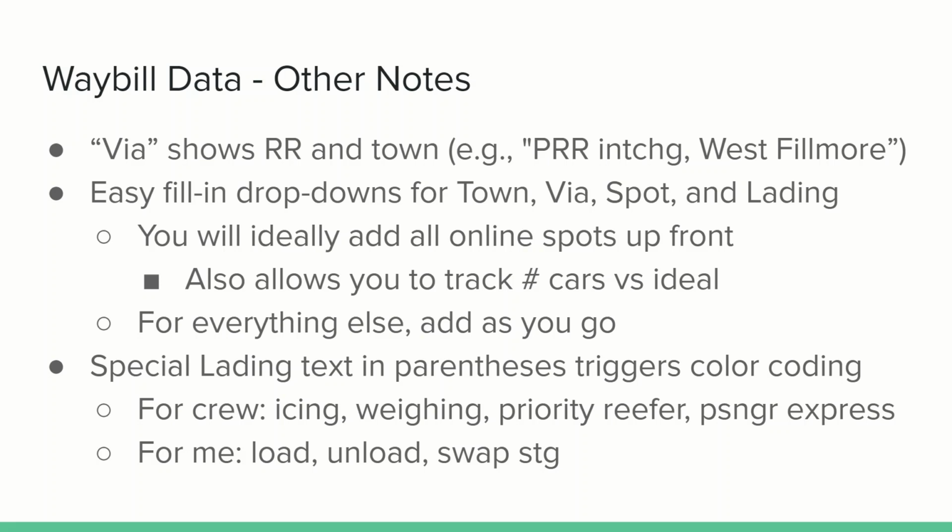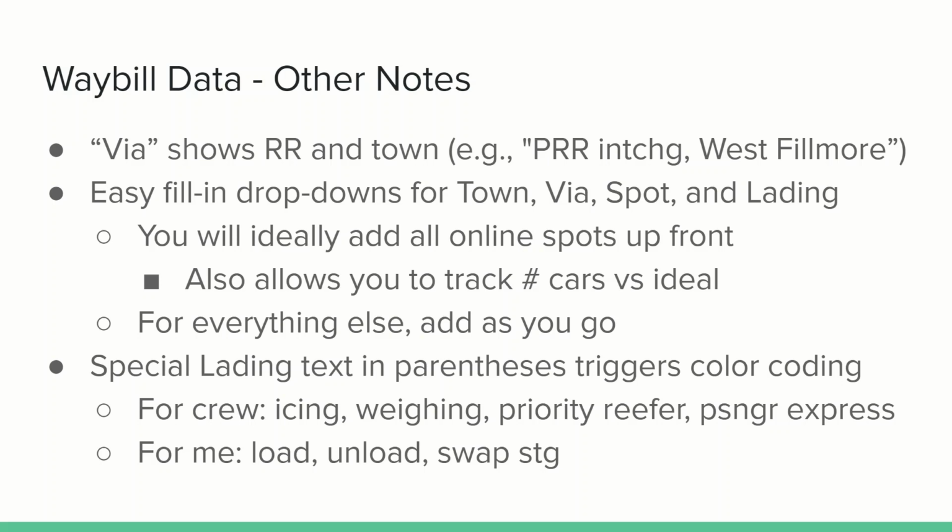That's also a place where you can keep track of how many cars or how much traffic you want that particular industry to see. And then for things that are not online, you just add them as you go. If it's an offline industry that you've previously added, you'll see that show up in the drop down. Otherwise, you can type in whatever industry name you wish.